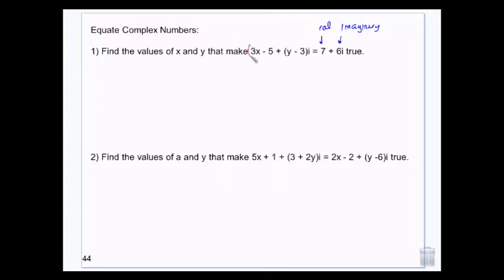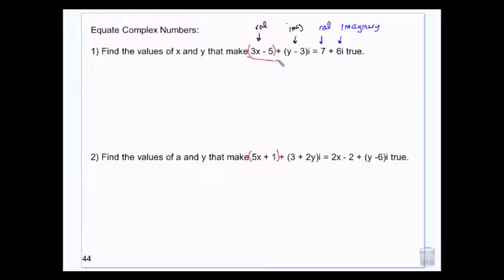And to be honest with you, this should be in parentheses. Sorry, that was a typing mistake on my part. So we identify that this is the real part here, and this is the imaginary part here. And real equals real, and imaginary equals imaginary.